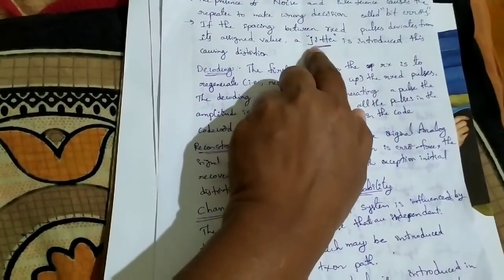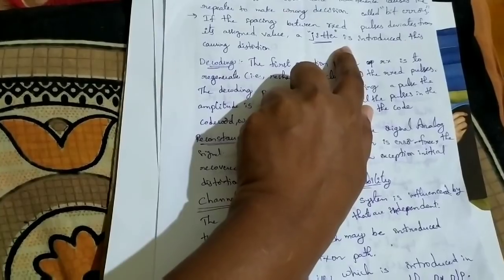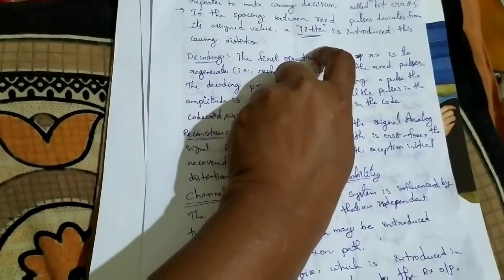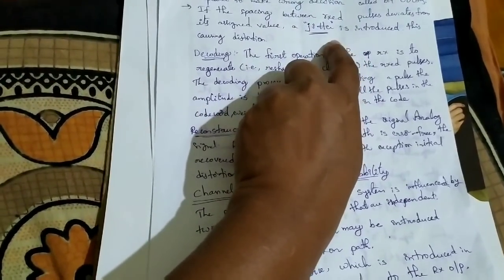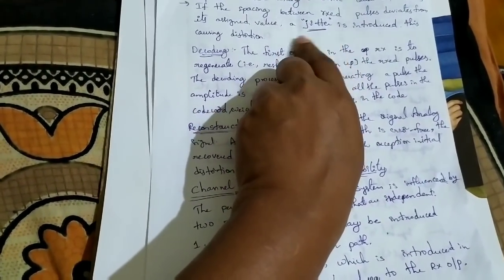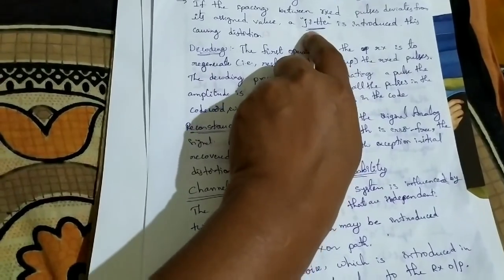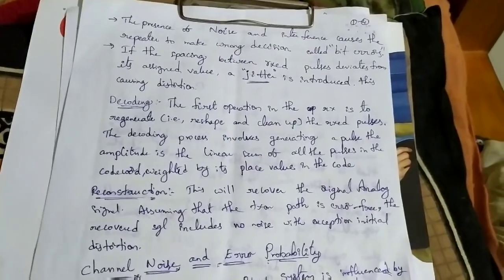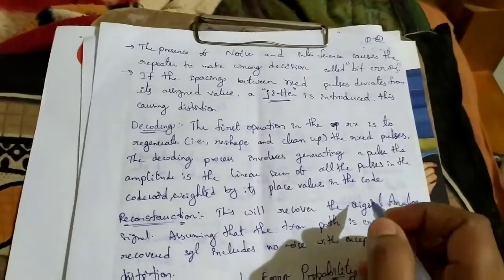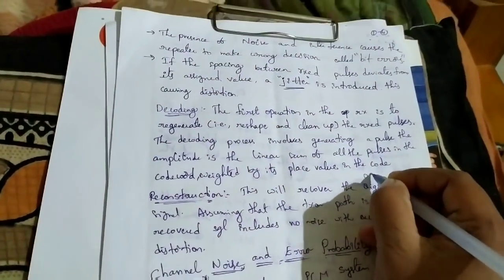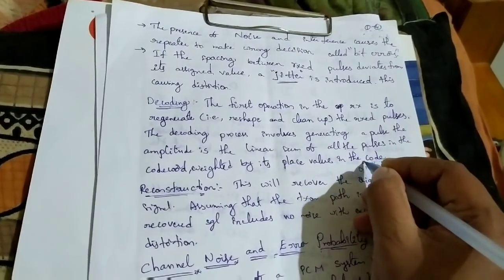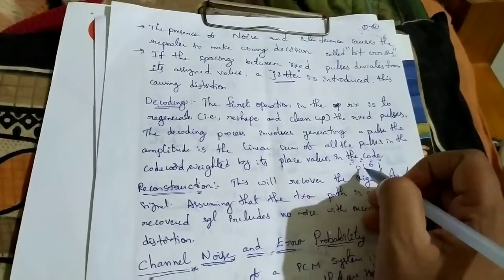Suppose for example 0, 1, 0. The digit value is 1, but the place value of that 1 is 2, because 2 power 0, 2 power 1, 2 square. That is the place value. I will show with an example. See here 0, 1, 0, 1, with place values 2 power 0, 2 power 1, 2 square, 2 cube.